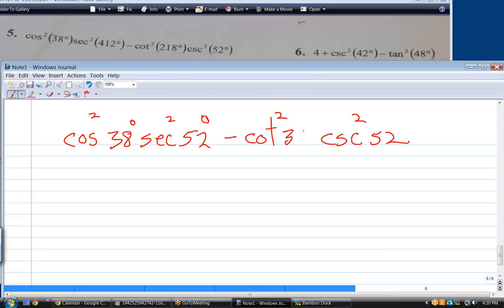And since it's third quadrant to first quadrant, we don't need to change its sign. In other words, the cotangent of 38 is exactly the same number as the cotangent of 218. So now we have a lot of same number stuff here.